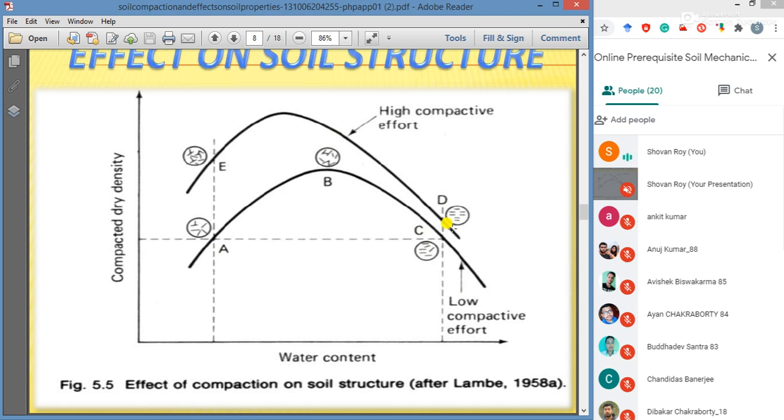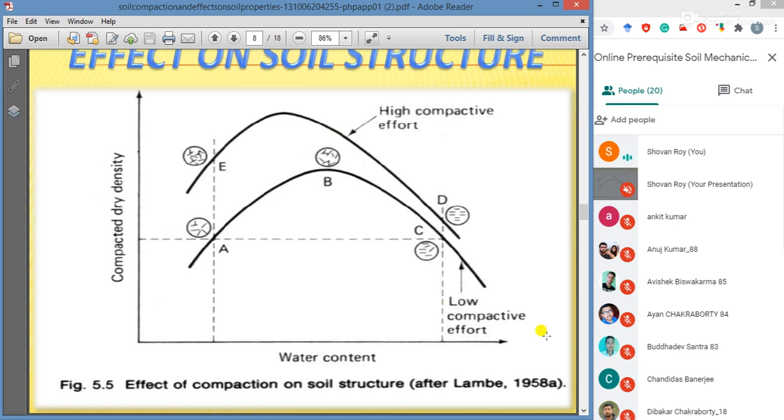Why is this? Because of the compacting effort. One curve is for low compacting effort, and another curve is for high compacting effort, and it is totally based on the structure. Why has the structure changed? The structure of the soil has changed due to compaction.